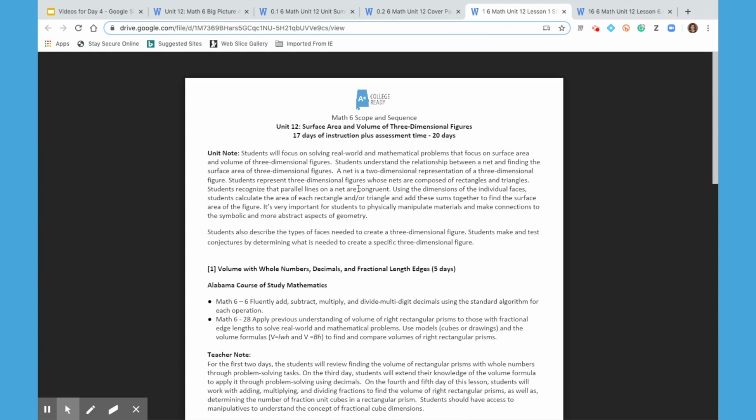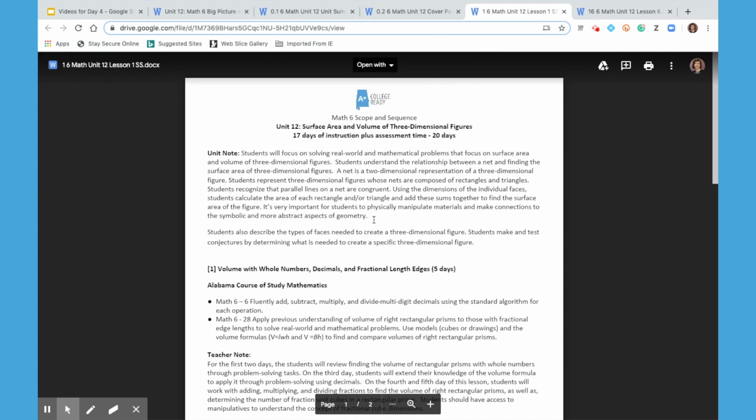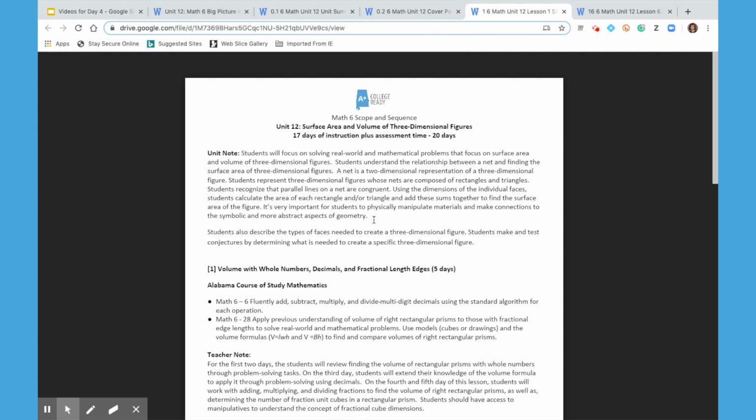The unit note will always be located with lesson 1 of that particular unit. So they're going to focus on solving real-world and mathematical problems that focus on surface area and volume of 3-dimensional figures. And if you'd like, pause the video and read over that.